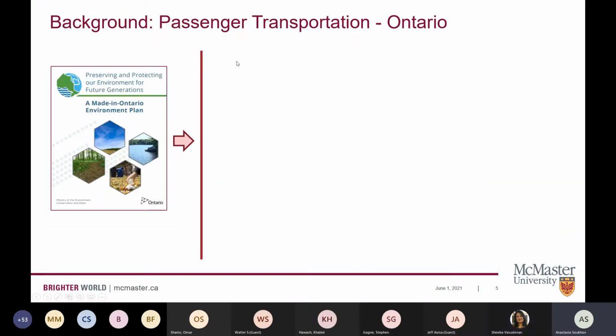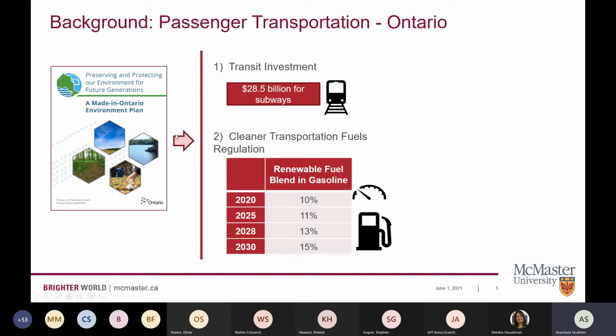In terms of Ontario, things that also tackle passenger transportation are that we're investing a lot of money into transit, mostly into subways, also light rail expansion, just improving the transit network, which in the short term may not see a lot of greenhouse gas reductions.